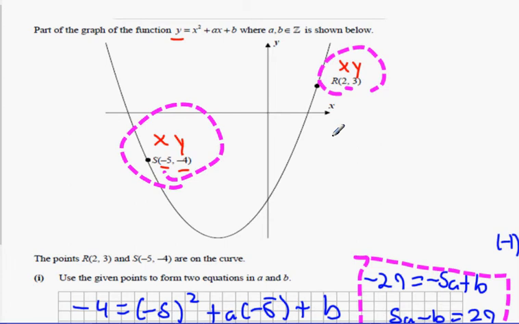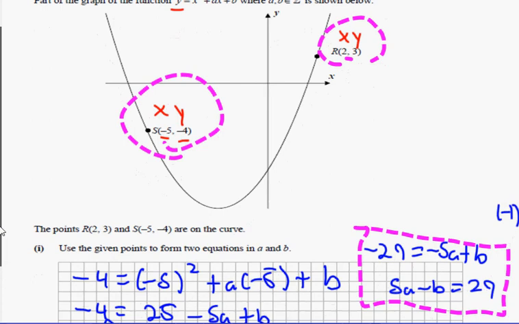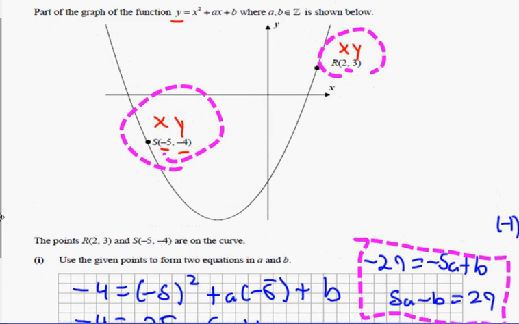So when we do that, what we're going to get is this. We're going to get y is 3, x squared is 2 squared, plus 2 times a, plus b.